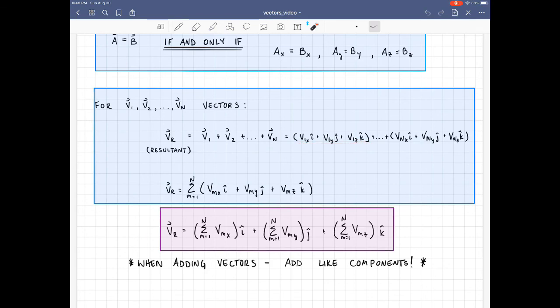You add up all of the i components together, you add up all of the j components together, and you add up all of the k components together. And so here is, let's add up all the i's, let's add up all the j's, let's add up all the k's, right? So x component, y component, z component. So when you add vectors, you simply add up the like components.